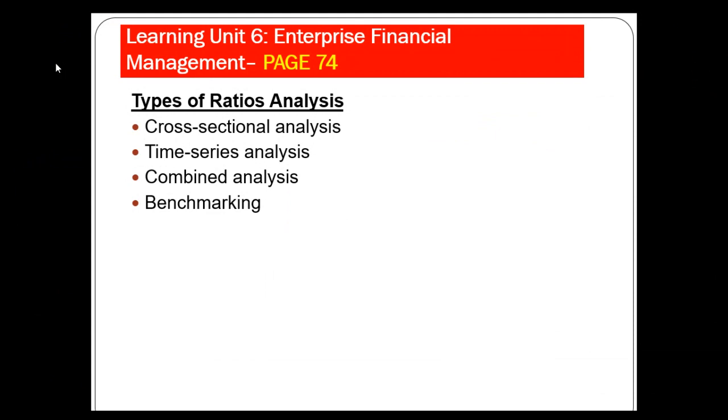Remember, we talked about the overall sections of our unit, and we did introduce the financial statements, and we mentioned the fact that the financial statements need to be interpreted in order for them to make sense to the users.